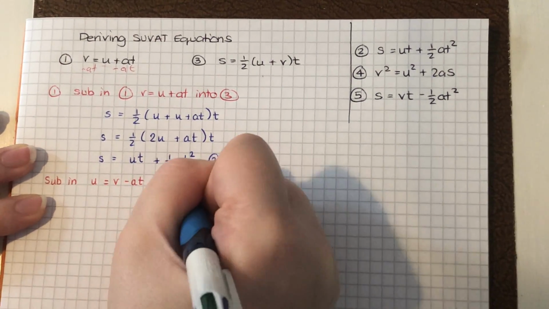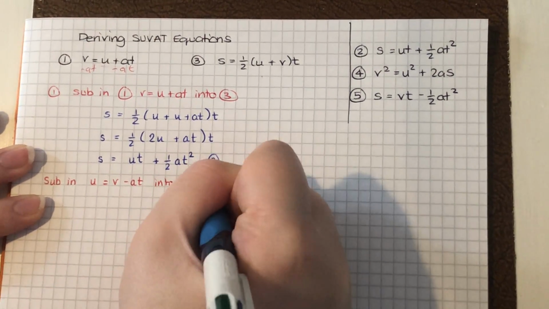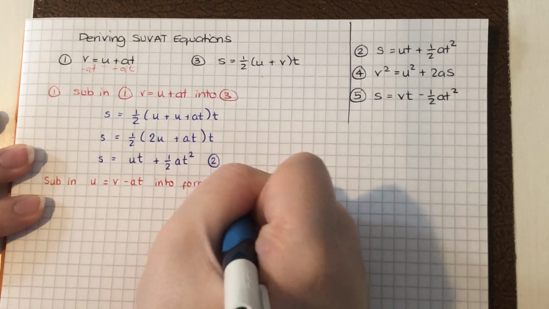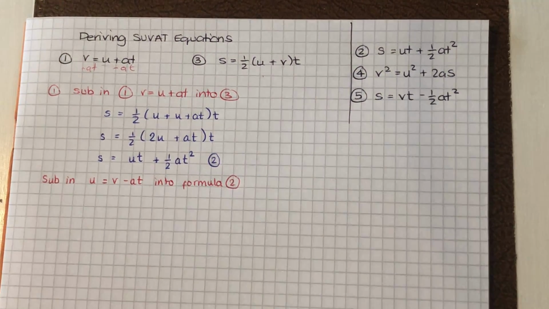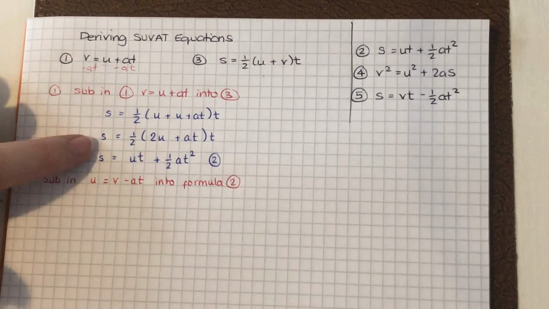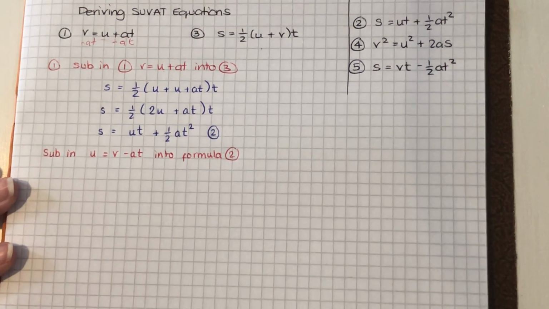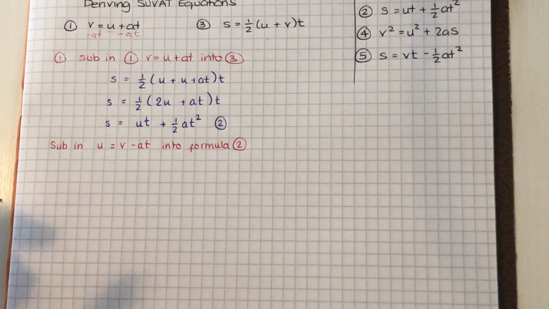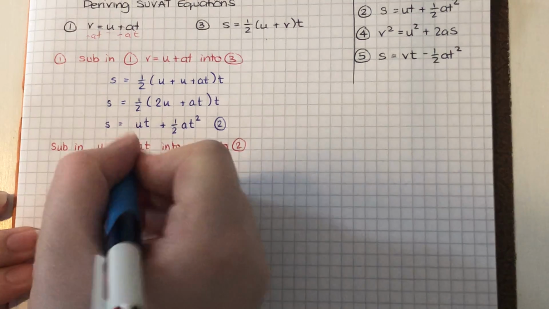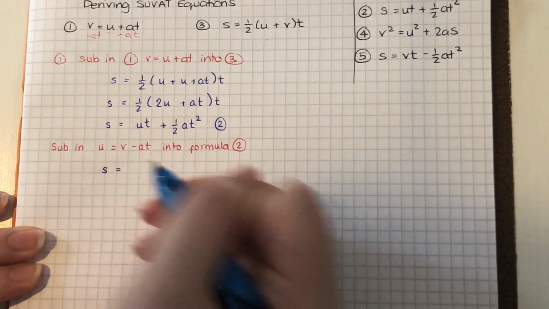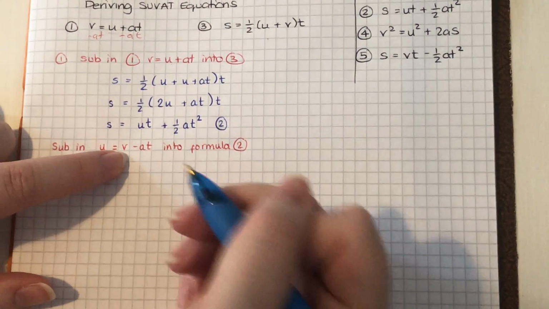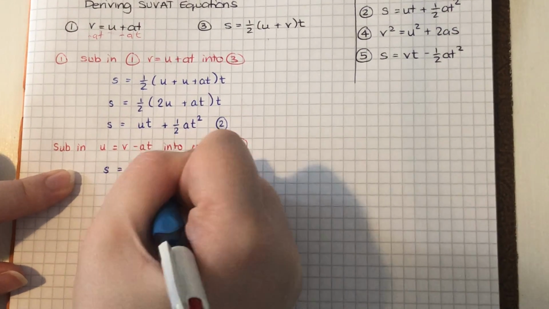Sub that into formula 2. Now you can sub them into formulas that you've already derived. Because I've already derived this one, I can then use it to derive another if I want to. So we've got s equals, now u is actually this v minus at.